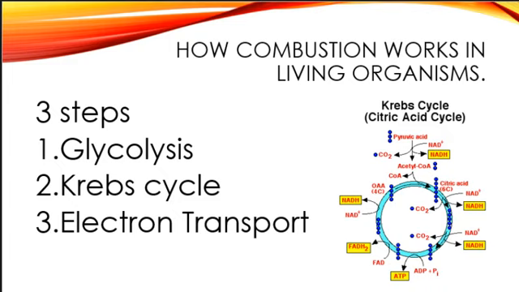Along the way, the energy that got put in from the sun is going to come back out as something called ATP, adenosine triphosphate, in my mitochondria. So there are 3 steps in order for this to happen. You have these written down: glycolysis, Krebs cycle, and the electron transport system.